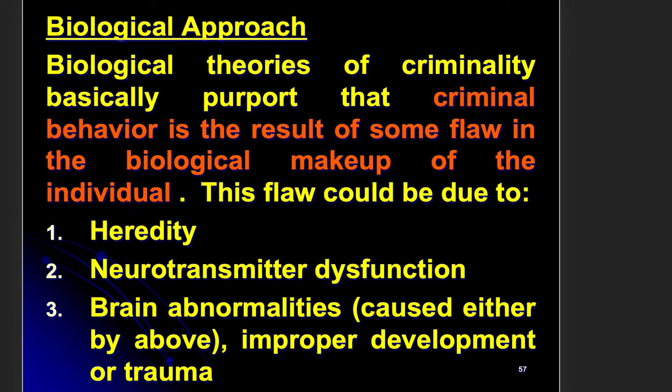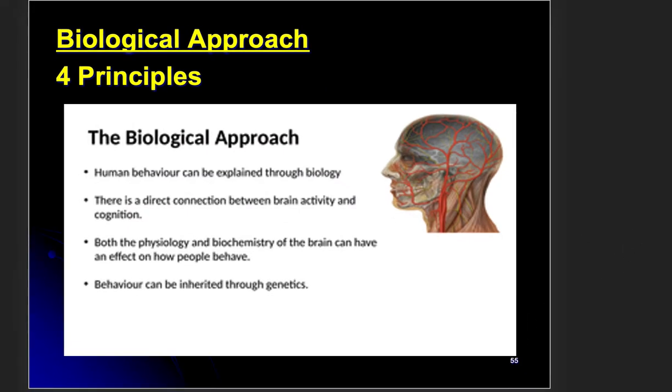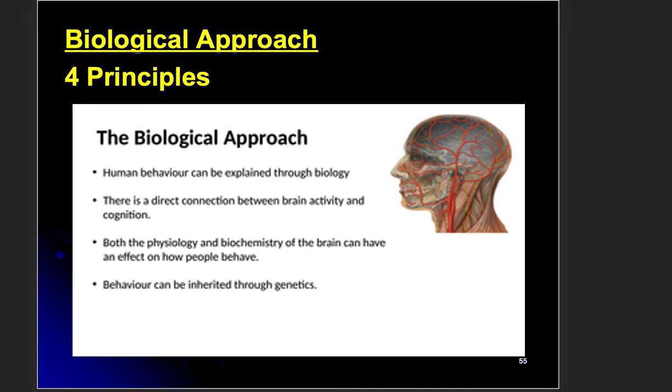One, human behavior can be explained through biology. Second, there is a direct connection between brain activity and cognition. Third, both the physiology and biochemistry of the brain can have an effect on how people behave. And number four, behavior can be inherited through genetics.